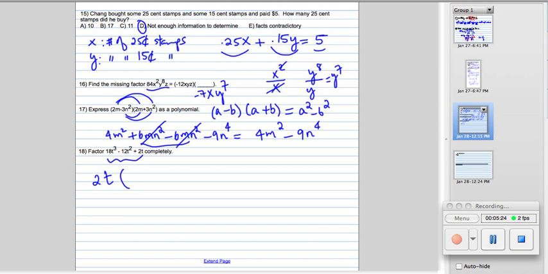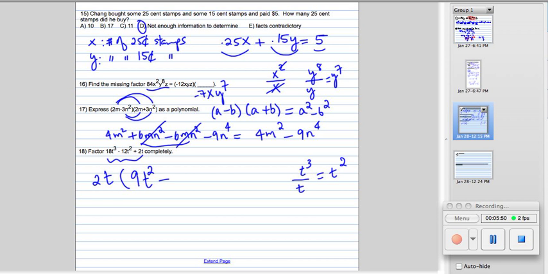That's the opposite of distribution, okay, because distribution is multiplication. So we say 2 times what will give us 18, or we divide 18 by 2. That's 9. And then we do t cubed divided by t. I can do that for you on the side here. You subtract the exponents, so that's t squared. So we put that there.